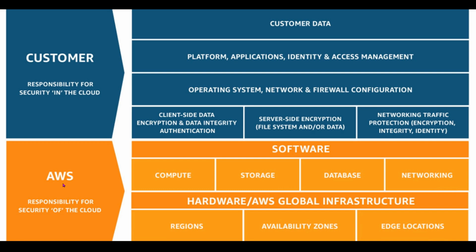AWS is responsible for the security of the cloud infrastructure: the hardware, the server, the storage, the databases, the networking, the backend availability zone, local zone, edge location, whatever they are providing, they have to take care of the security and compliance. Whereas the security in the cloud, in the application layer, in the operating system, network, whatever we are having, that is something which the customer has to take care of.